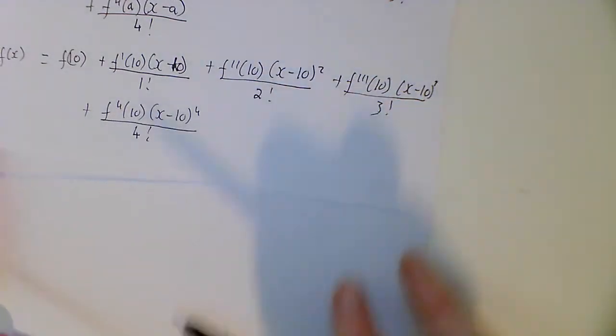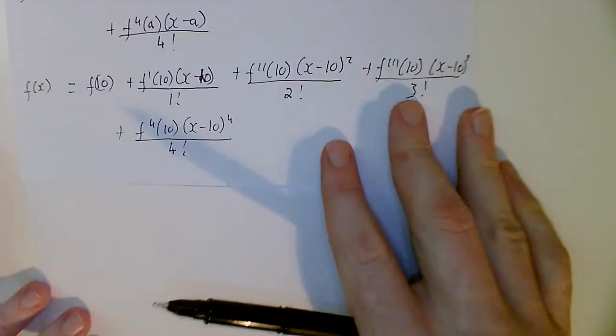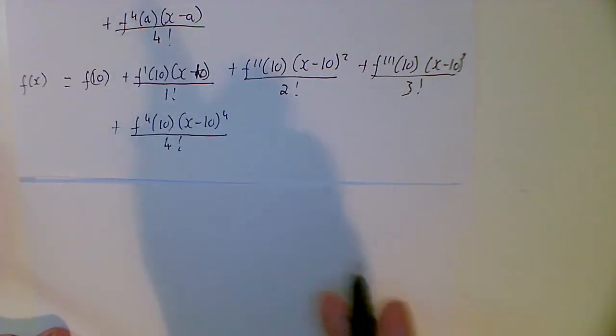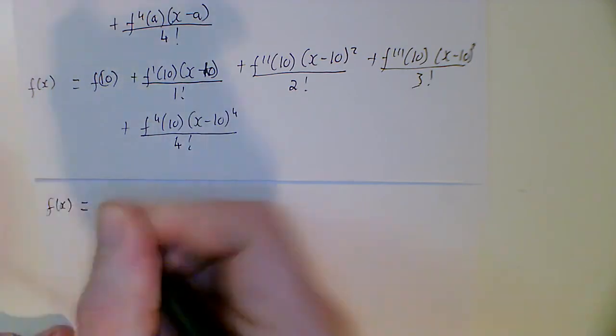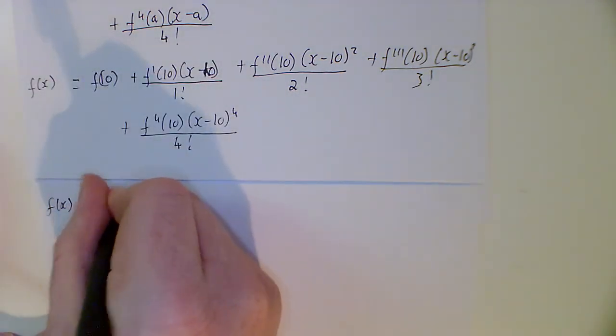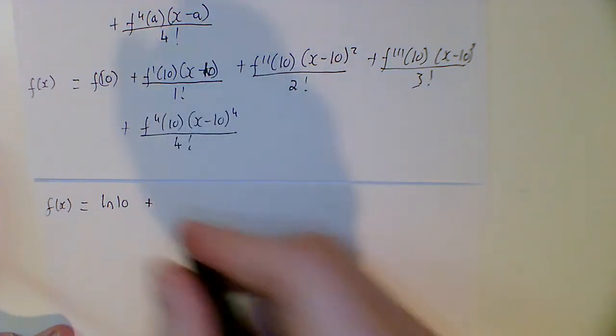So f of x equals f of 10, which is ln 10, plus f dashed of 10.